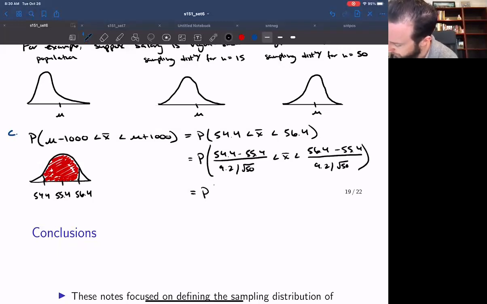So this is going to be the probability, and I'll just check these really quick. Okay, so this is going to be negative 0.77 is less than Z is less than 0.77.